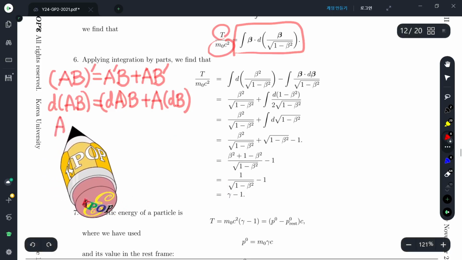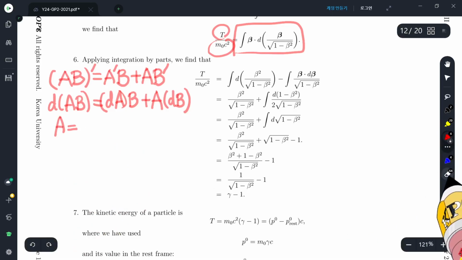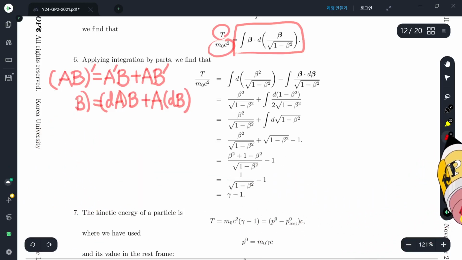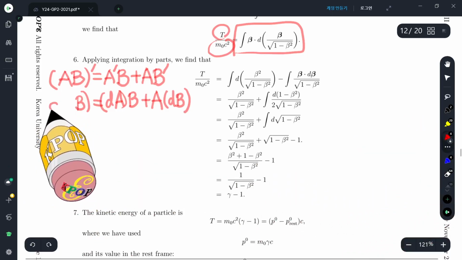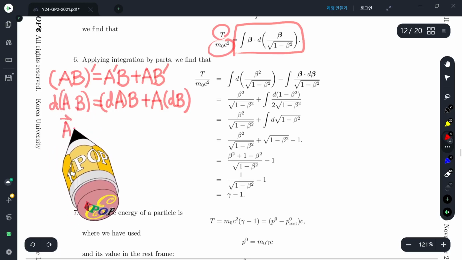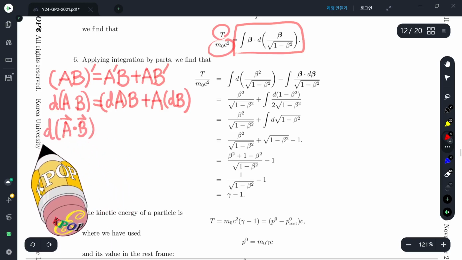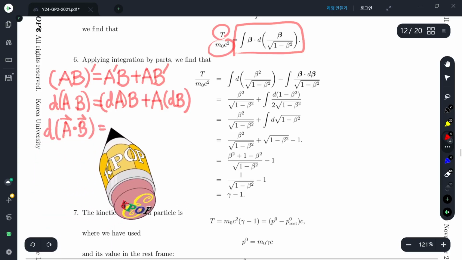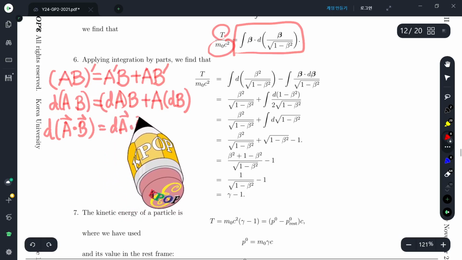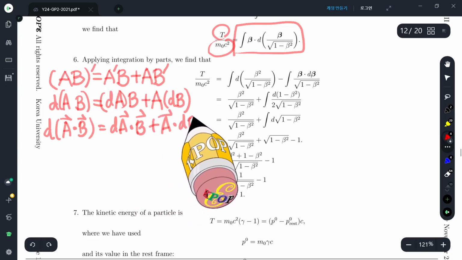So let us substitute. In addition, this relation holds for vector a dot b. The total differential of a scalar product can be expressed as this one plus a dot db.